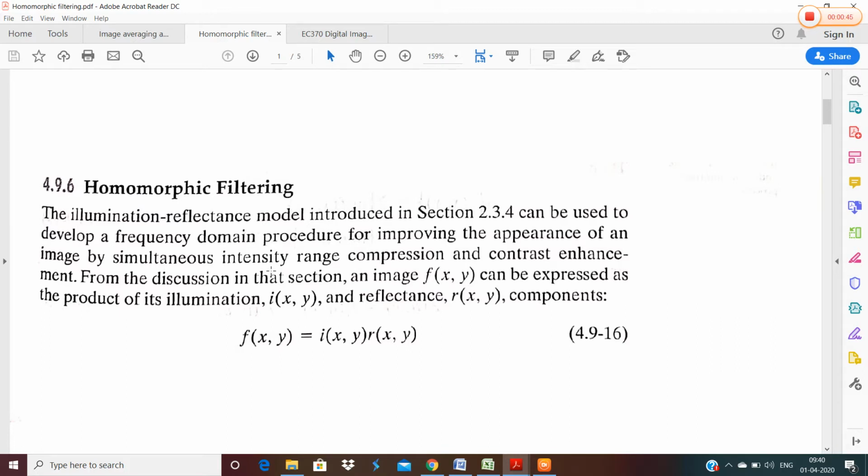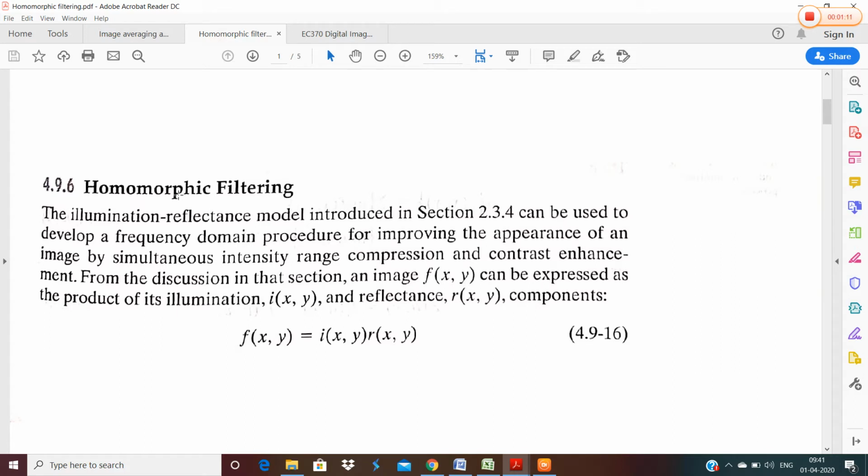Sometimes we cannot directly apply these linear filters where the situation is non-linear. In that situation, we convert our nonlinear system into a linear one, then apply these linear filtering techniques.